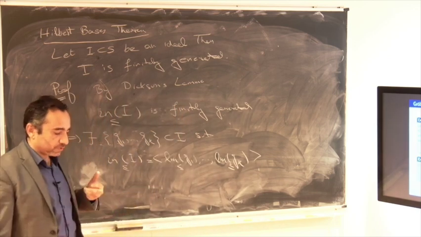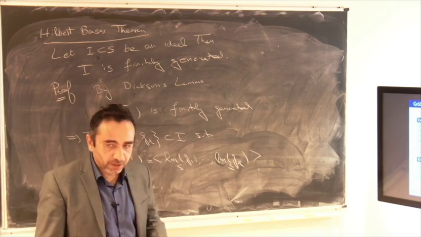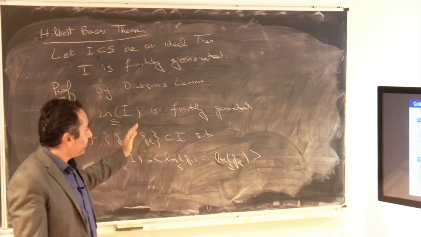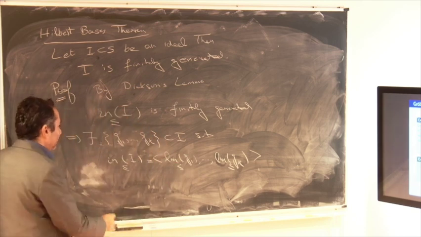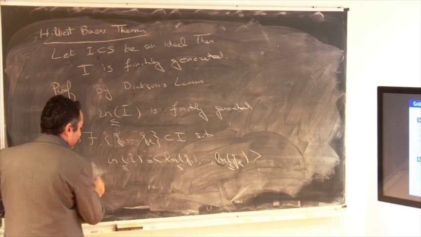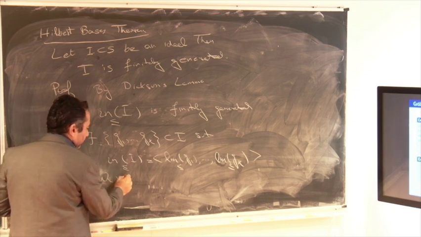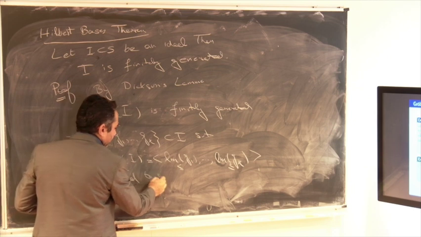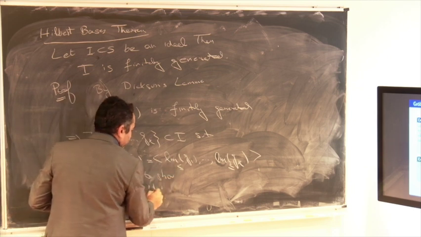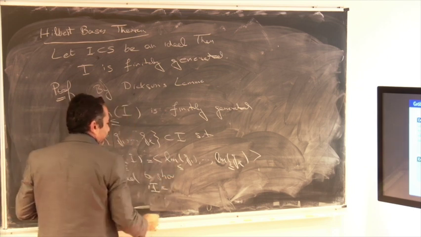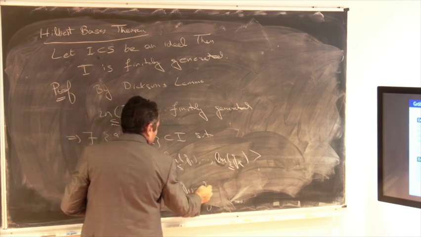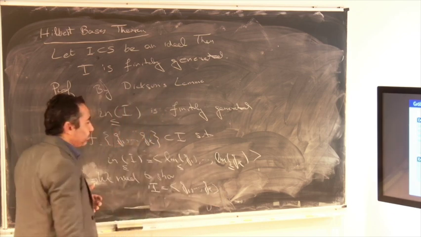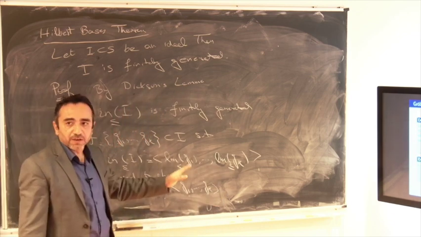So the initial ideal is generated by finitely many polynomials, by Dixon's lemma. Now we need to show that I is generated by this g1 up to gk, that those polynomials themselves generate I.